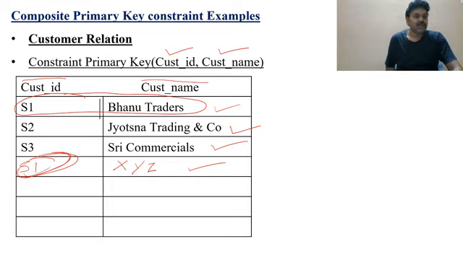Because we check the duplication by taking the combination of cust ID and cust name, and S1 XYZ is different from S1 Bono Traders, so it is valid. When is it not valid? If I am writing S1 and XYZ once again, now this is an error. Why? S1 XYZ is already available earlier.